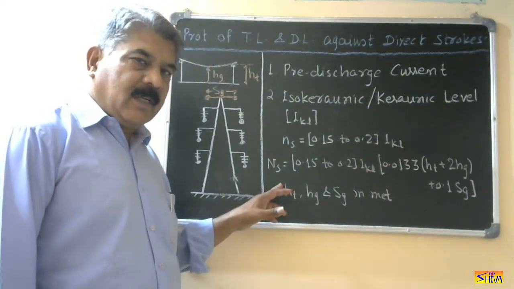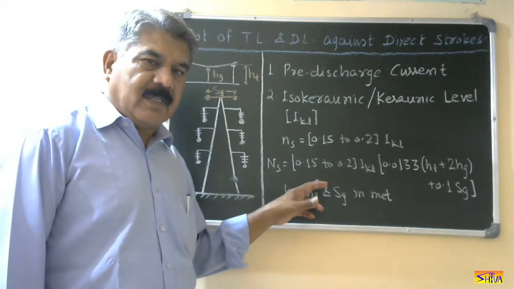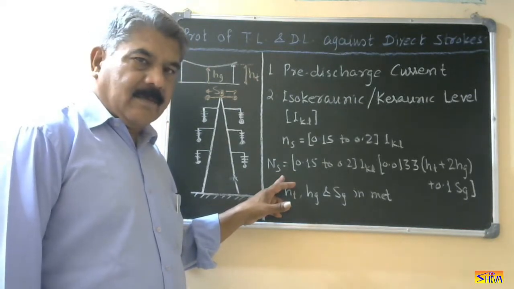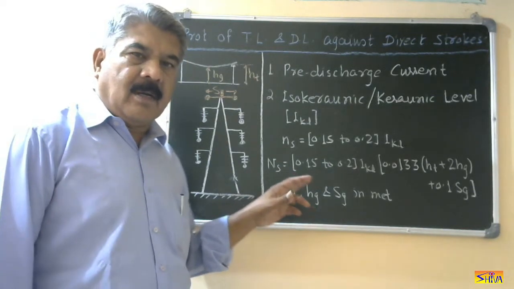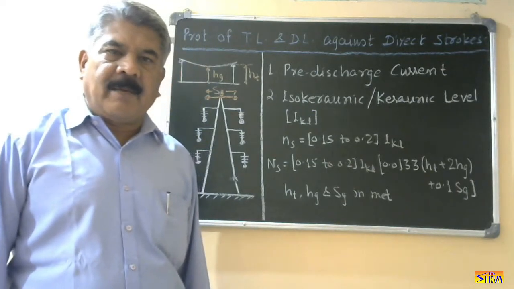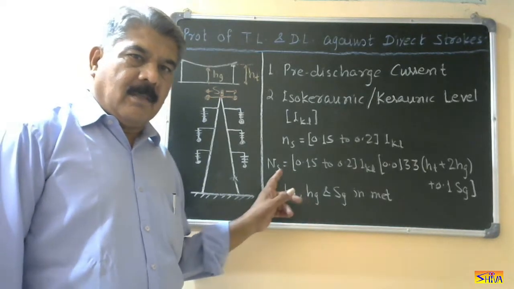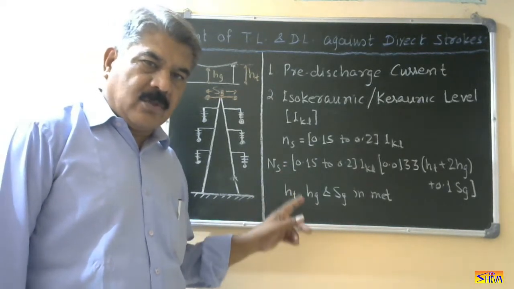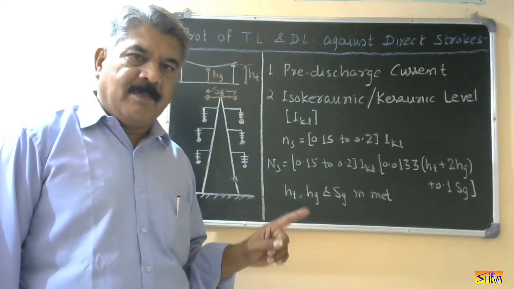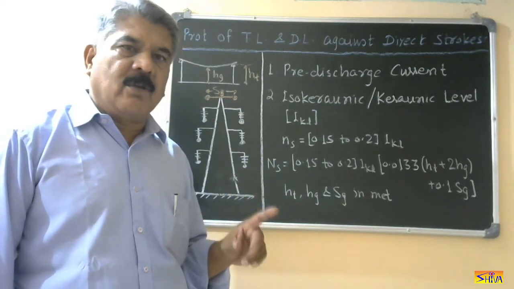Next computation equation is, now all these equations are statistical equations. NS is the number of lightning strokes intercepted by a 100-kilometer line in 1 year. Number of lightning strokes intercepted by line in 1 year for 100-kilometer length.